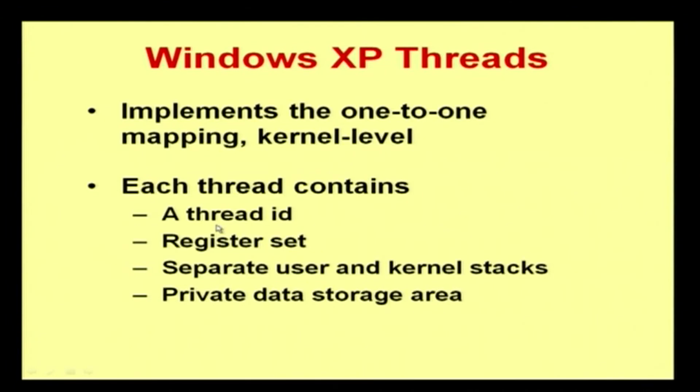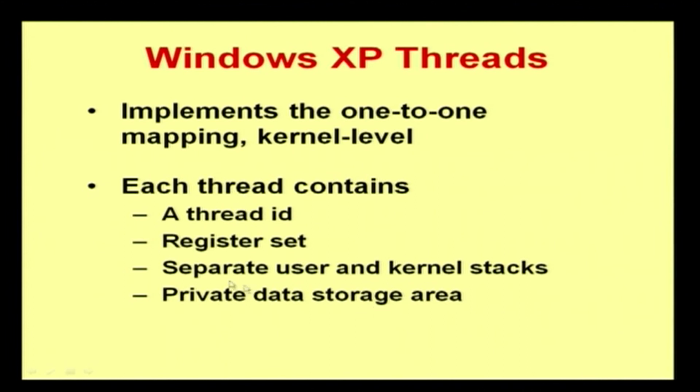So as a thread, what can it contain? Even if a process has a process ID, definitely a thread will also have a thread ID. So what else does it have? It has a thread ID, a register set, separate user and kernel stacks, and a private data storage area.